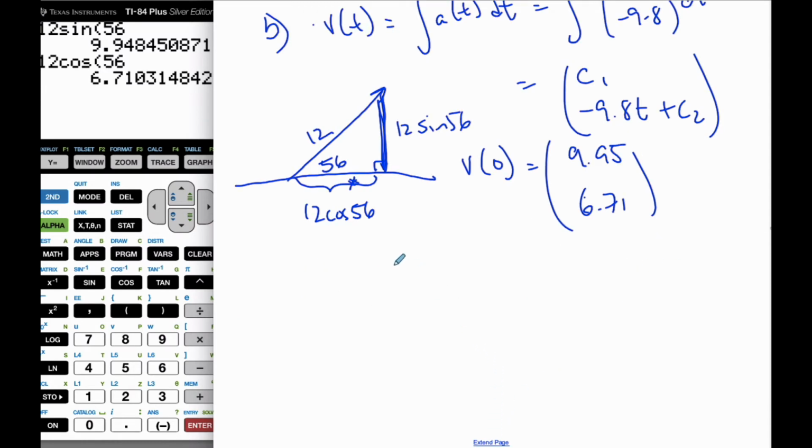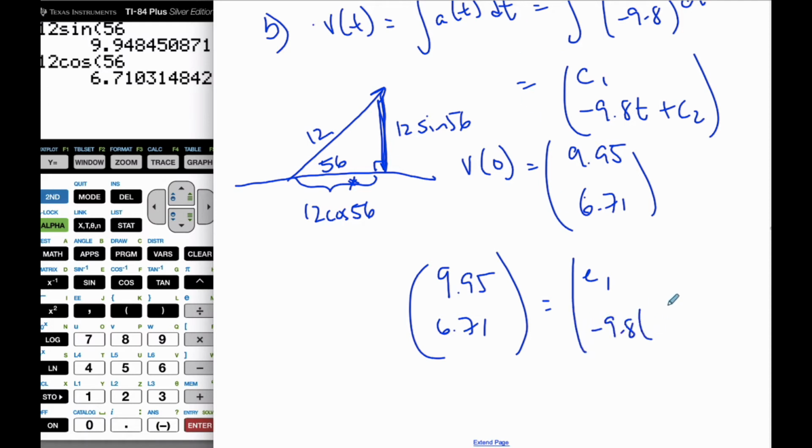And so what I can say is that if I want to find C1, I plug in 0. I'm going to say that 9.95 and 6.71 is going to equal C1 and negative 9.8 times 0, because this is going to be the velocity at 0, plus C2.